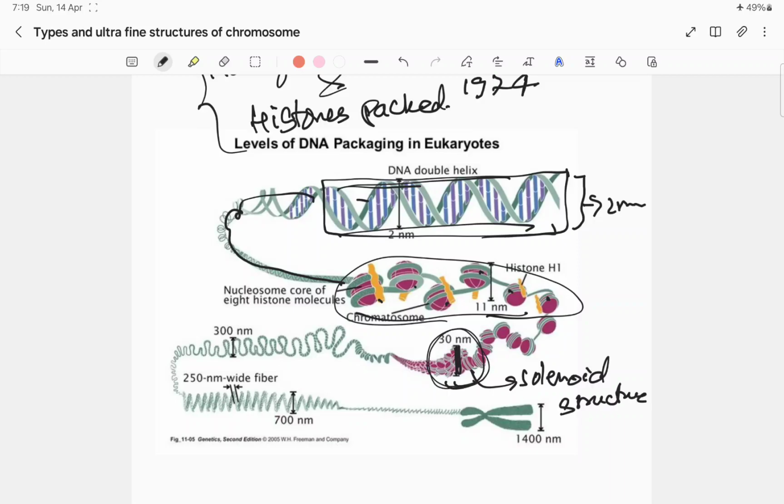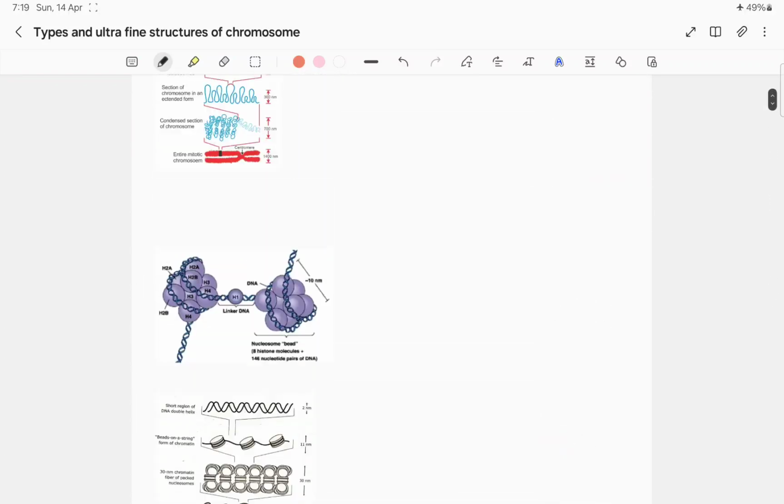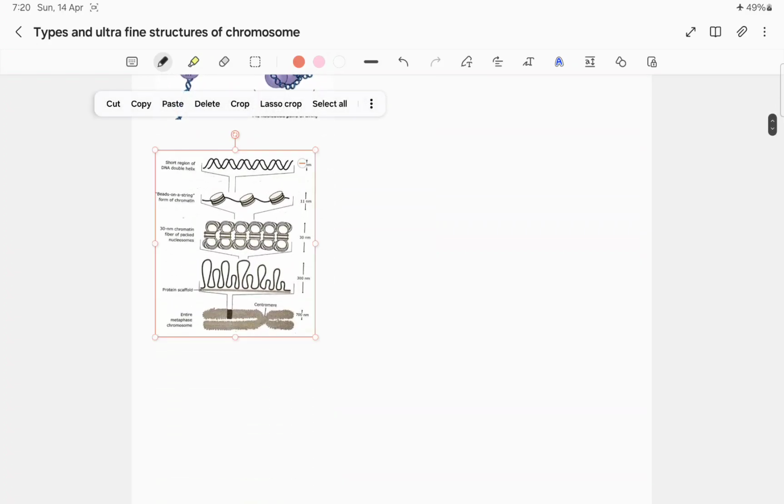So this solenoid structure will form, and then it will again condense and form this 300 nanometers, and again condense and form a 250 nanometers wide fiber, and again more condensing forms this 700 nanometers, and this will condense, and then our chromosome will form with 1400 nanometers. Again we will understand using this diagram.